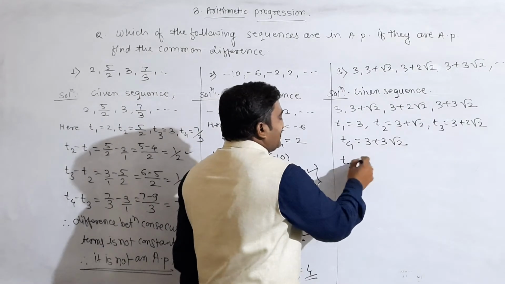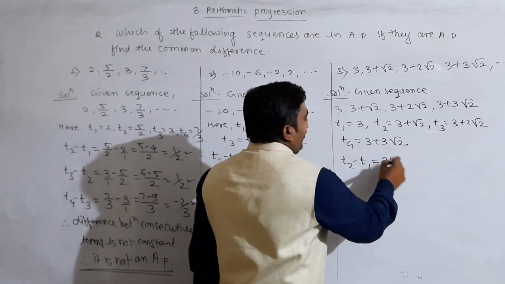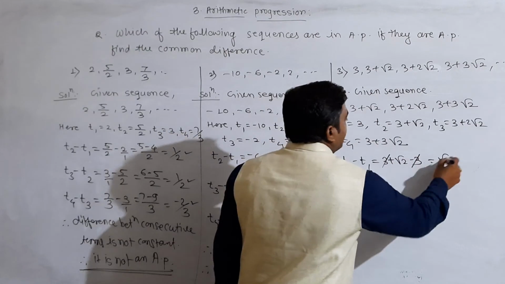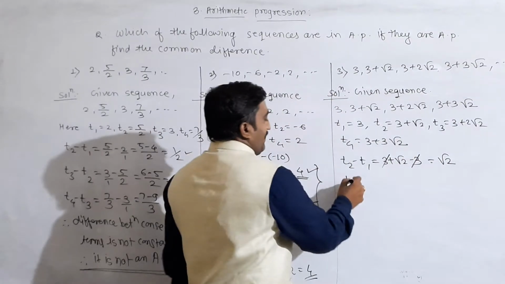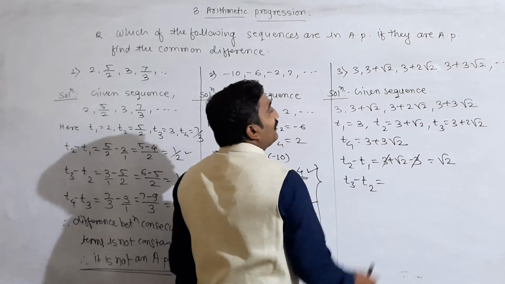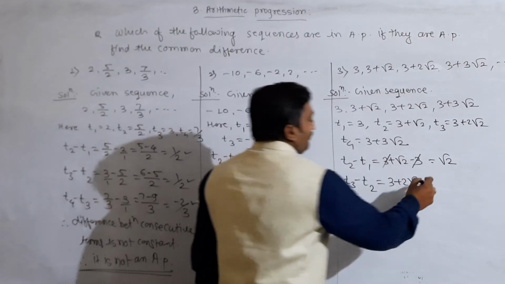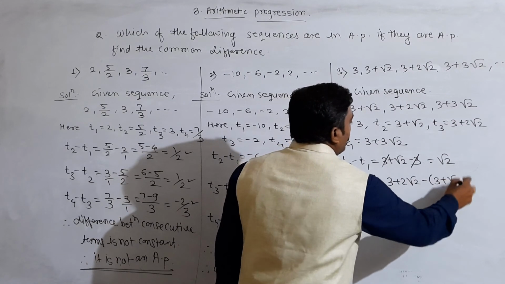Then T2 minus T1, 3 plus root 2 minus 3. Here plus 3 minus 3 get cancelled, root 2.